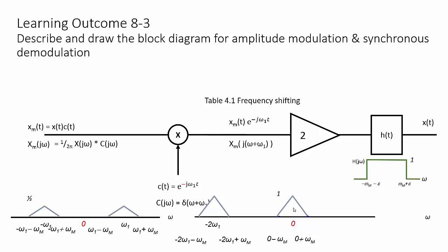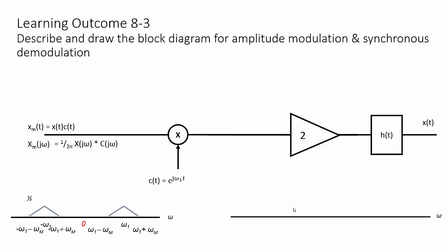Again, we need to apply a low-pass filter to remove the part that's not of interest to us. So what's the right approach? Should we shift this to the right or shift this to the left?